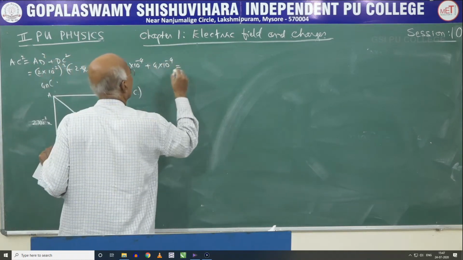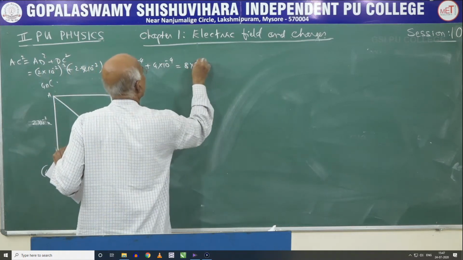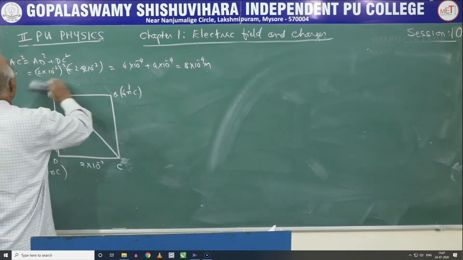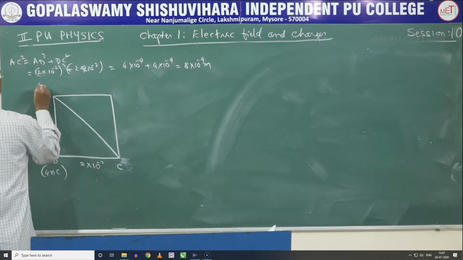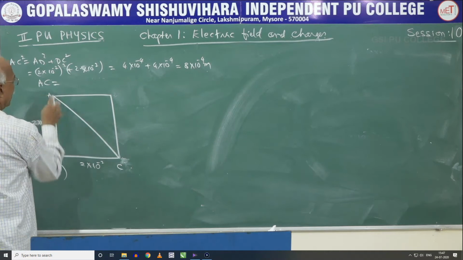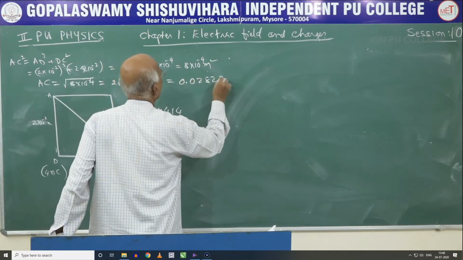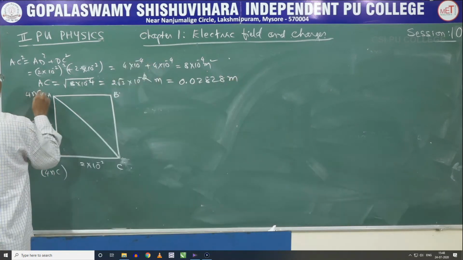This is equal to 8 into 10 to the power of minus 4 meter square. So this is the value of hypotenuse square we have got. Therefore, AC is equal to 0.02828 meter.